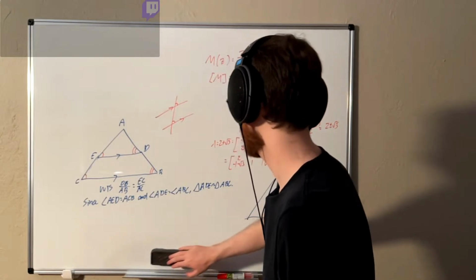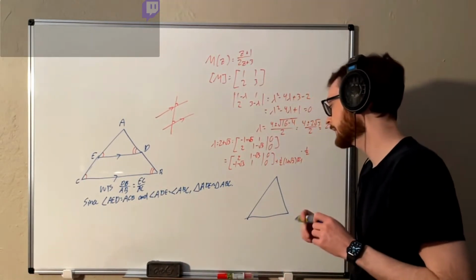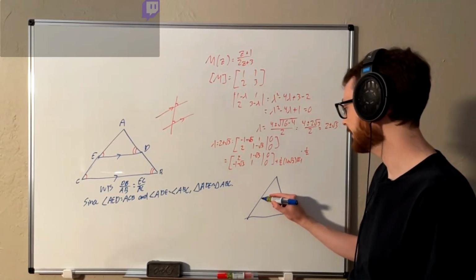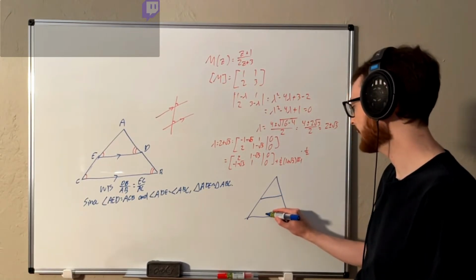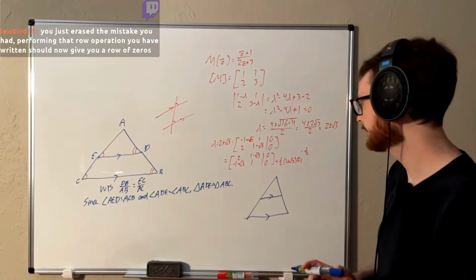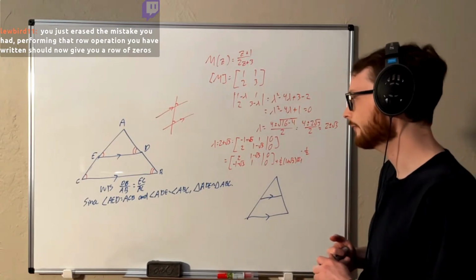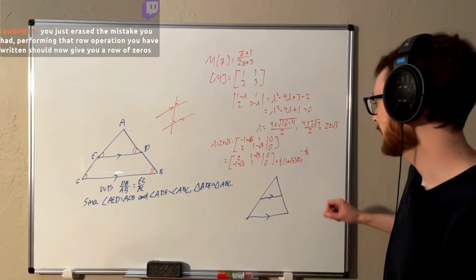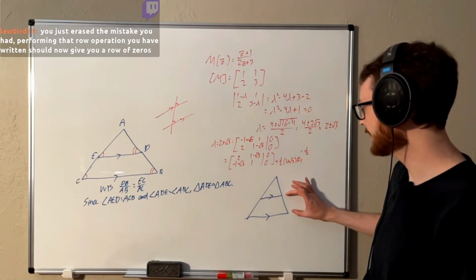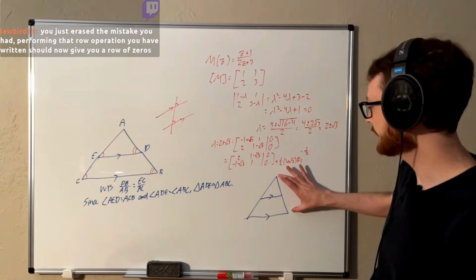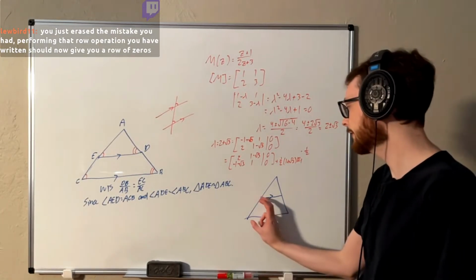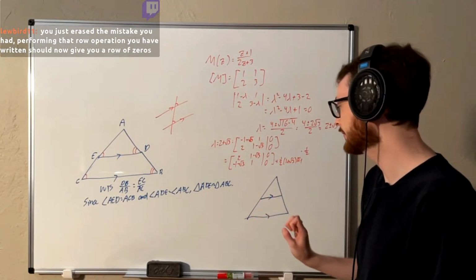So what the question is asking is, if you have any triangle like this and you cut it with a parallel line to one of the sides, the ratio of this bottom part to the entire segment is the same as the ratio of this part to the entire segment.